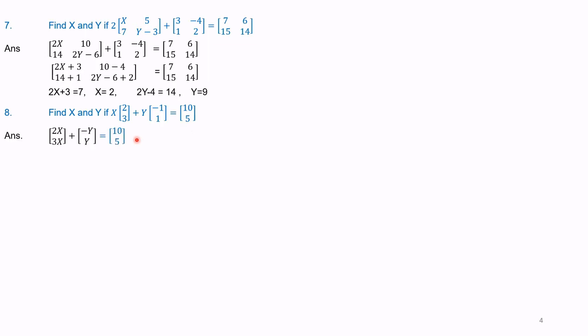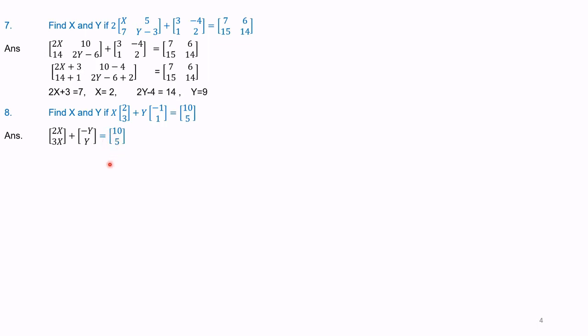Therefore, scalar product of x into matrix [2; 3]: we get 2 into x is 2x, 3 into x is 3x, plus y into minus 1 is minus y, and y into 1 is y, within big bracket. That is equal to 10 and 5.